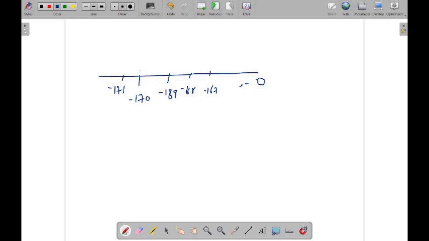So you will be considering only these values: you can consider minus 167 and minus 168. Don't consider this. So you will be considering only up to this much.